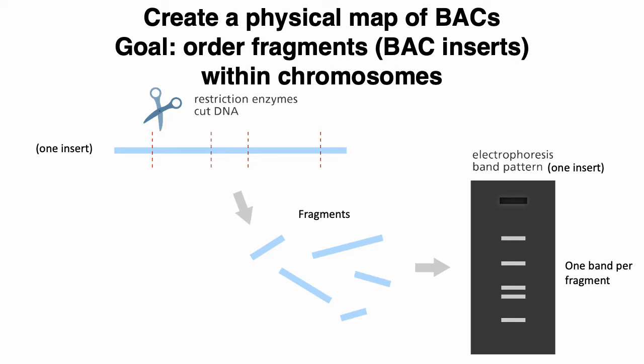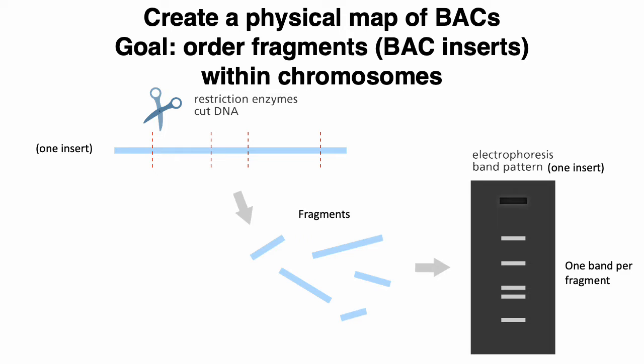Suppose you took a single BAC. What you could then do is take a restriction enzyme, or a collection of restriction enzymes, and use them to cut at different restriction sites along a single BAC.